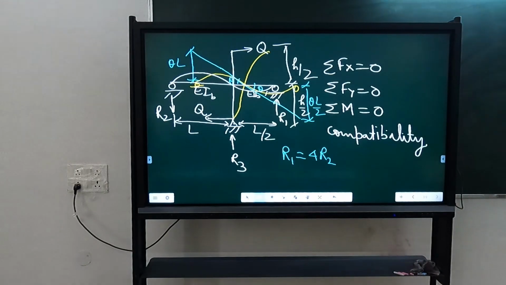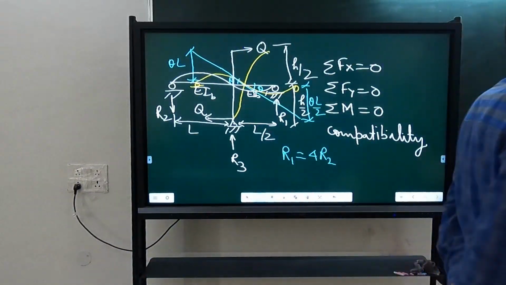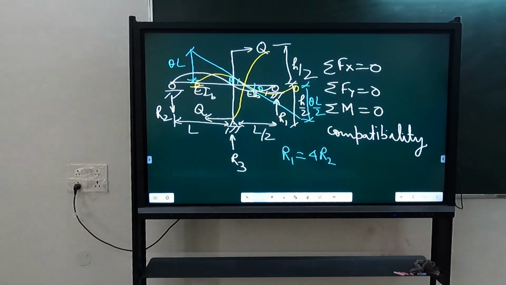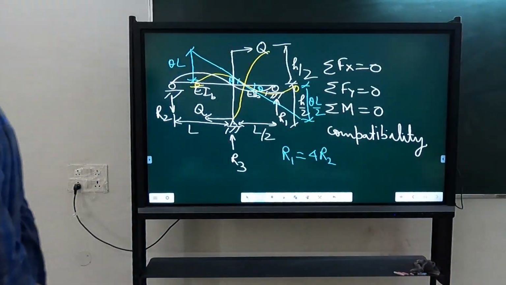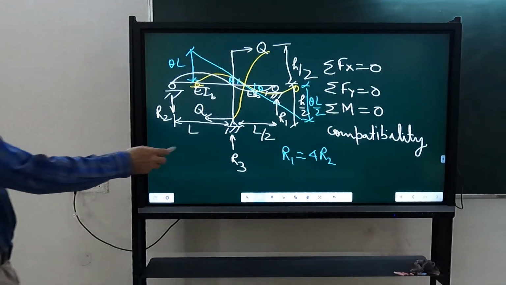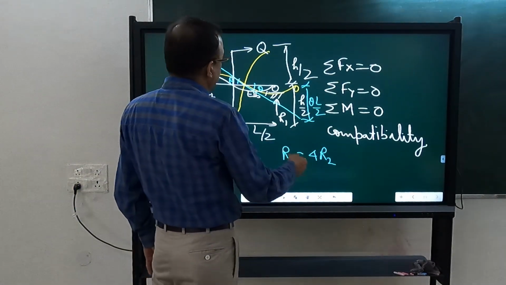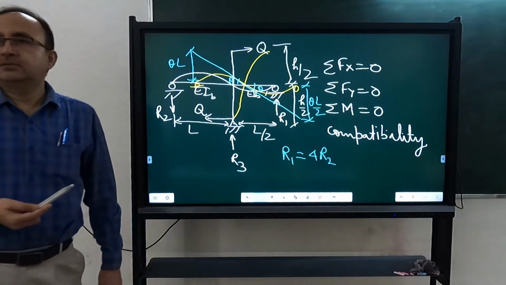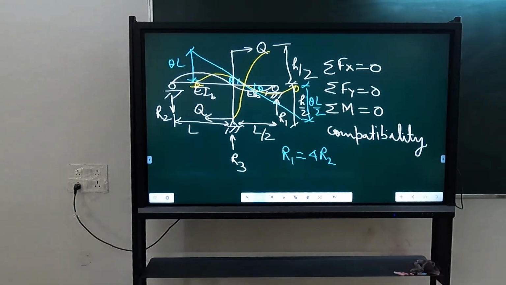So if length doubles, force will be reduced to 1/4 to cause the same chord rotation. So once you get this equation, now you have 3 equations between R1, R2, R3. Now you can solve it.